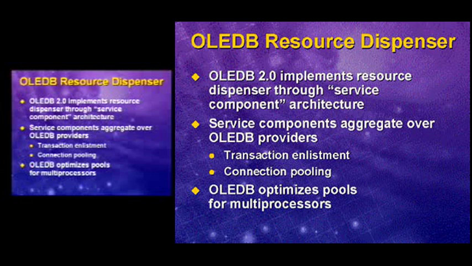And the reason why it had to support COM aggregation was because the OLEDB service components were going to aggregate on top of your provider. So the service components aggregate over top of your provider, and the service components can provide such nice things as connection pooling and automatic transaction enlistment, just what you'd want. They also provide such things as client-side cursors and things like that.